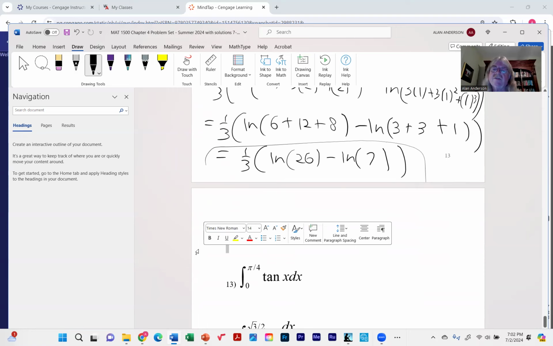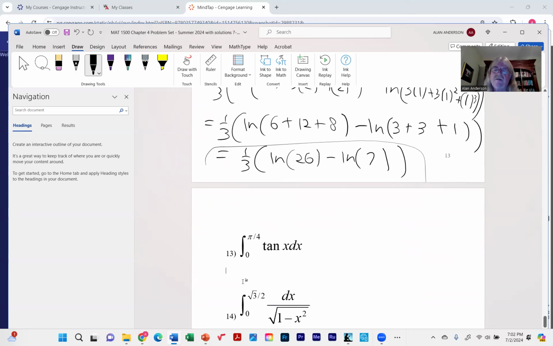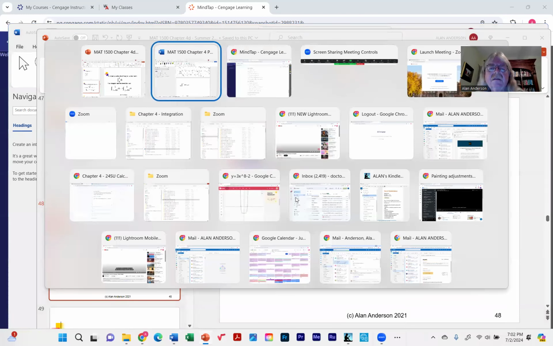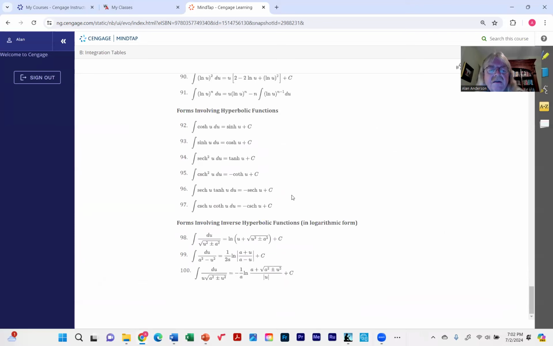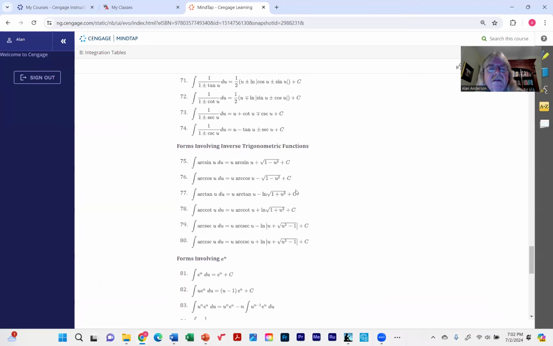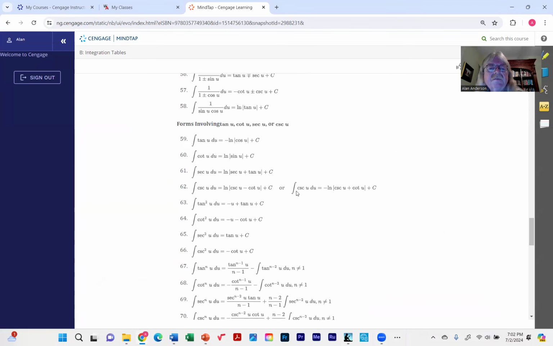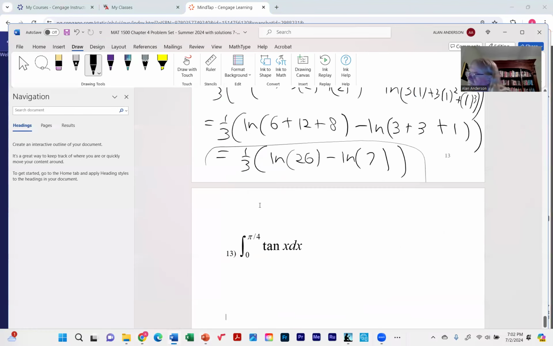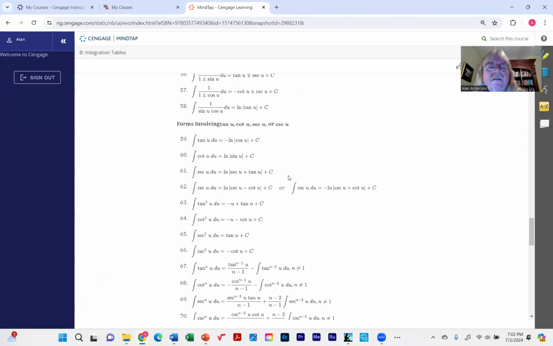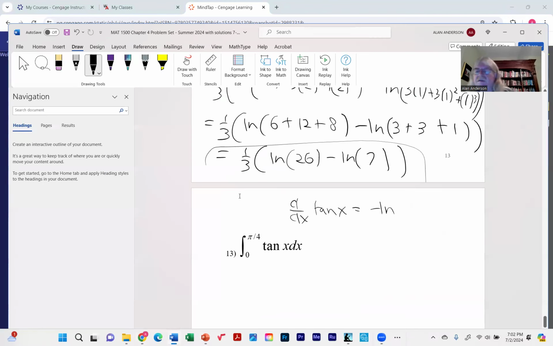Now, this is one of those cases where you really kind of do need a chart. This is just a straight ahead definition. The integral of tan x is negative log of cosine u.